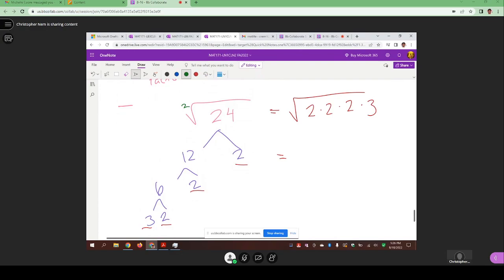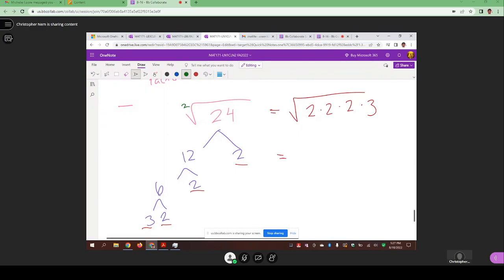Now, what does this 2 have to do with anything? Because so far we've done roots, but I haven't shown you why it's useful or what it does to our problem. Well, it turns out that when we're dealing with square roots, the only way we can simplify this nicely is to know our index. Our index will determine how we group our prime numbers.